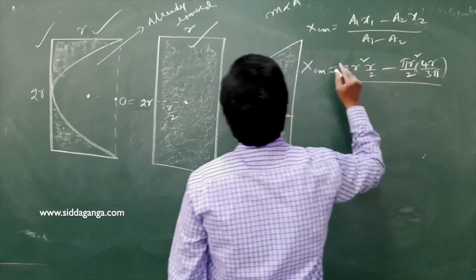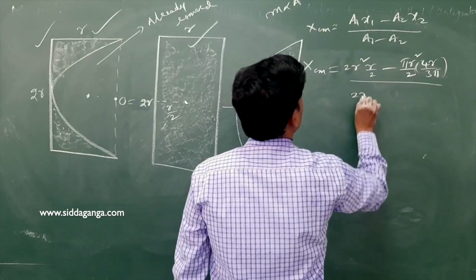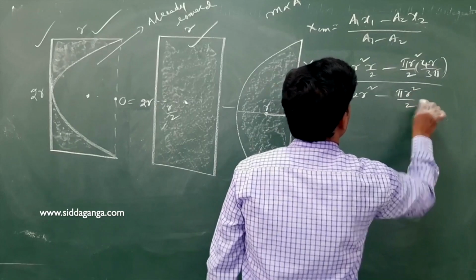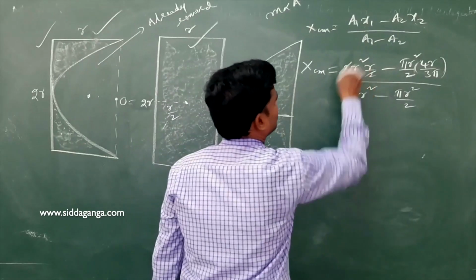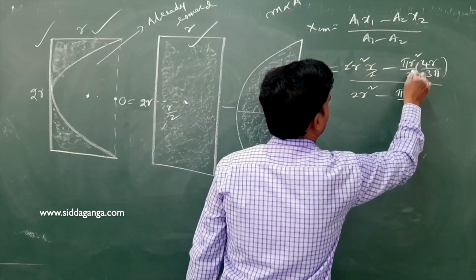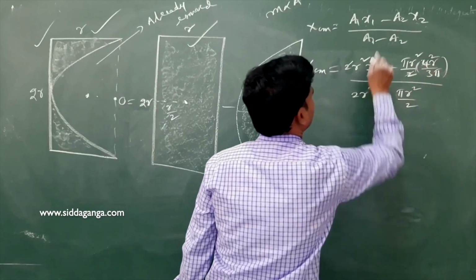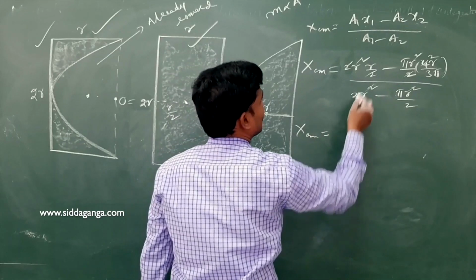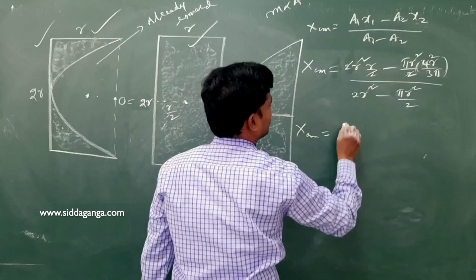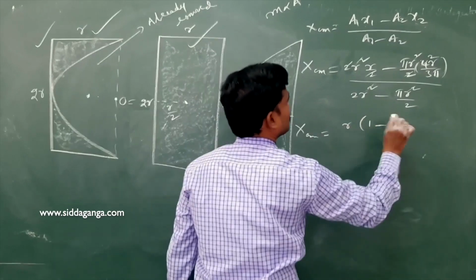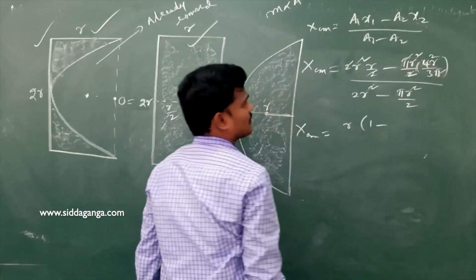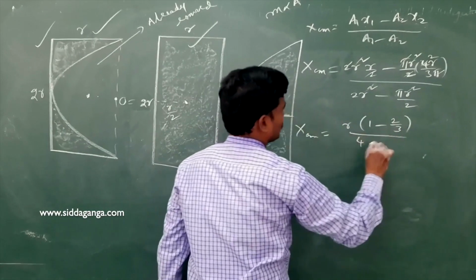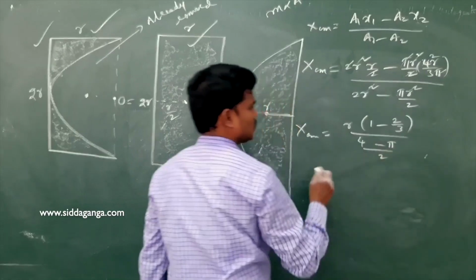a1 minus a2. What is a1? 2r square. a2 is pi r square by 2. Just do the simplification. Here r square is cancelled everywhere. Just verify some simplifications here. If you take out r, 1 minus pi gets cancelled, 1 minus 2 by 3, 4 minus pi by 2.